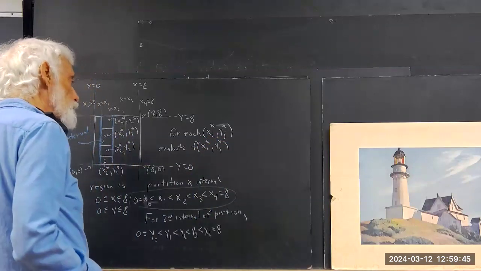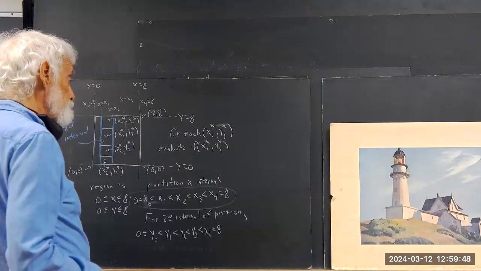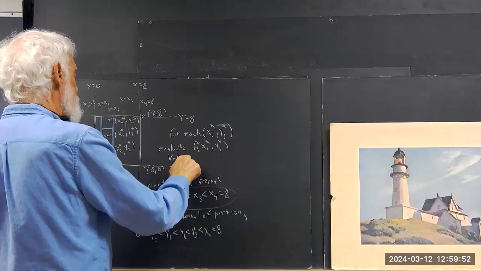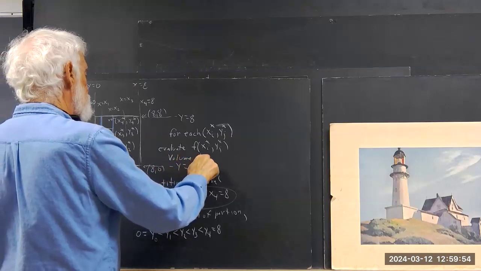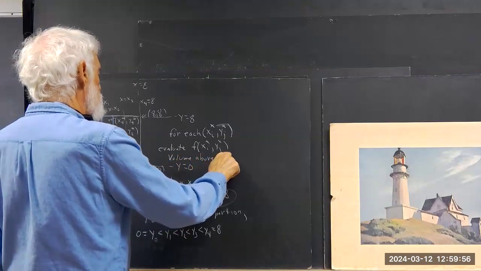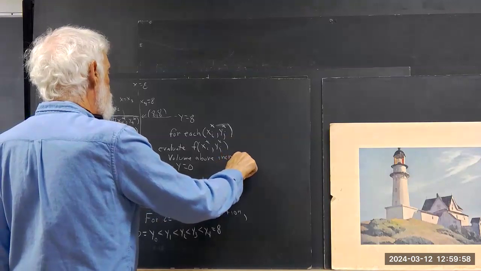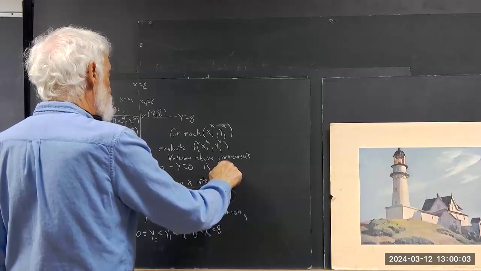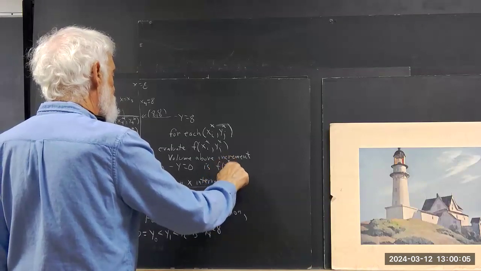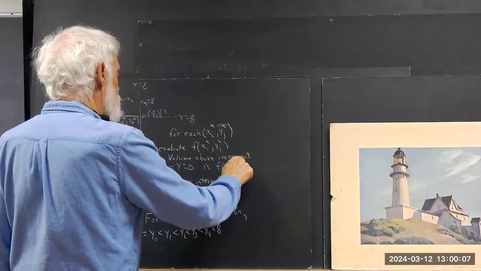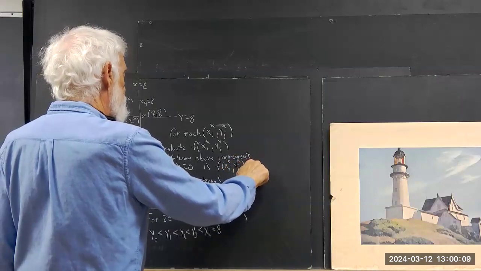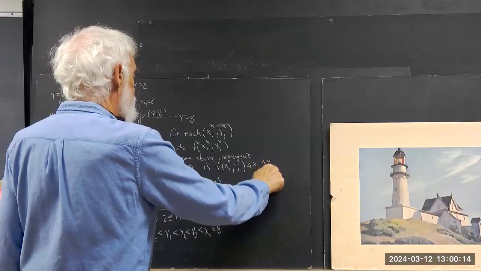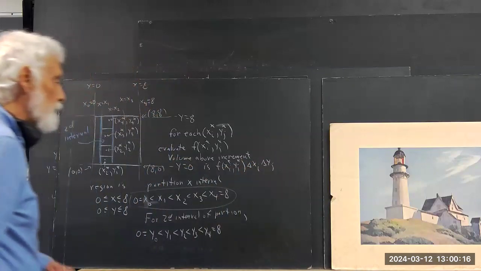We evaluate f at xi star, yj star. Volume above the increment is f of xi star, yj star, delta xi, delta yj.